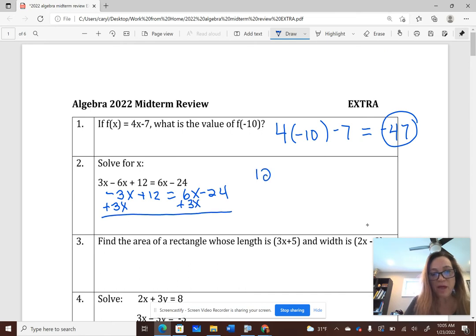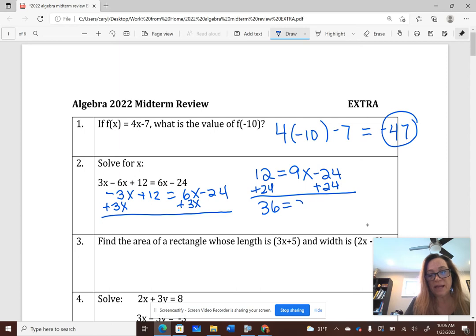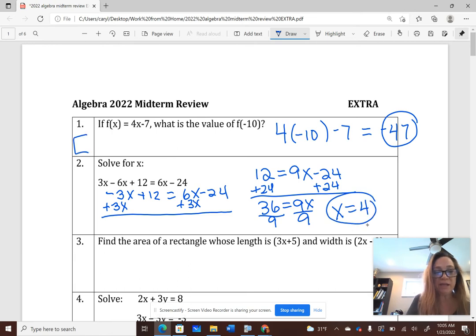That would give me 12 equals 9x minus 24. The opposite of subtracting is adding. That gives me 36 equals 9x. And then divide by 9. So x equals 4.